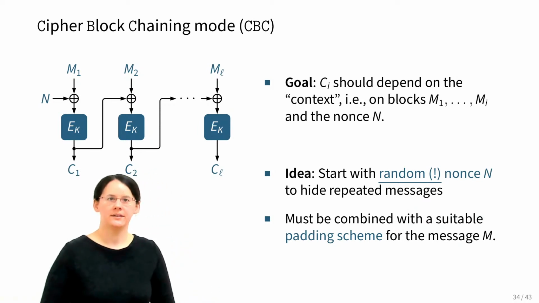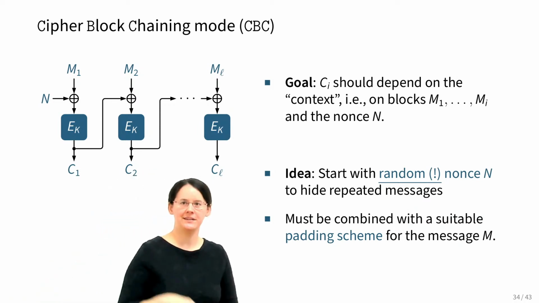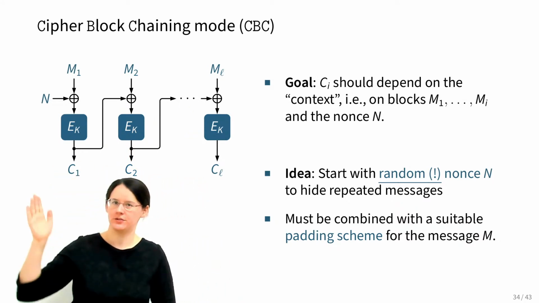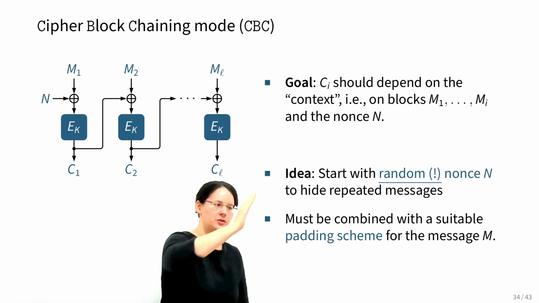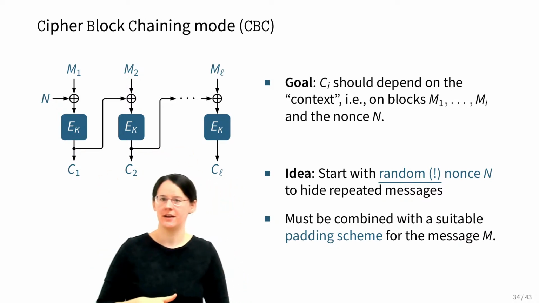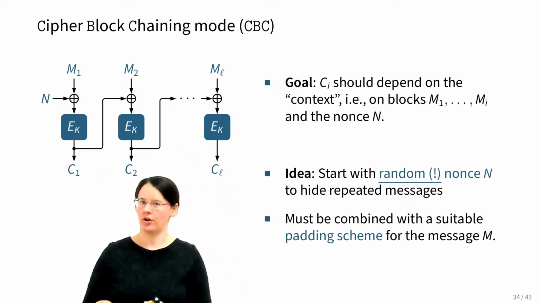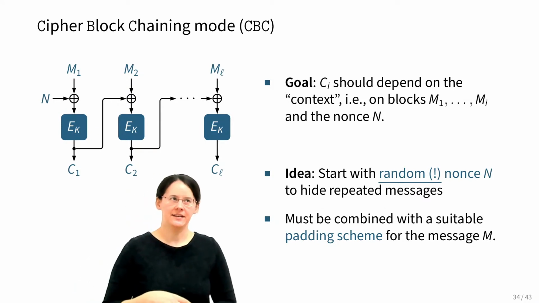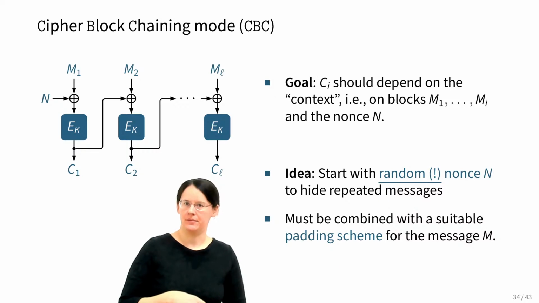Yeah, and there is one other mode that I also want to present that doesn't do this chaining here. Now the chaining is a nice idea because you can be sure that everything depends on the previous message blocks and thus on the context. However, it also has a disadvantage, and that is that it's not really parallelizable.